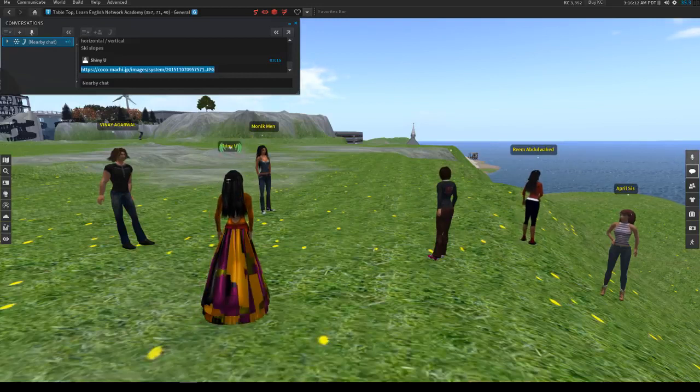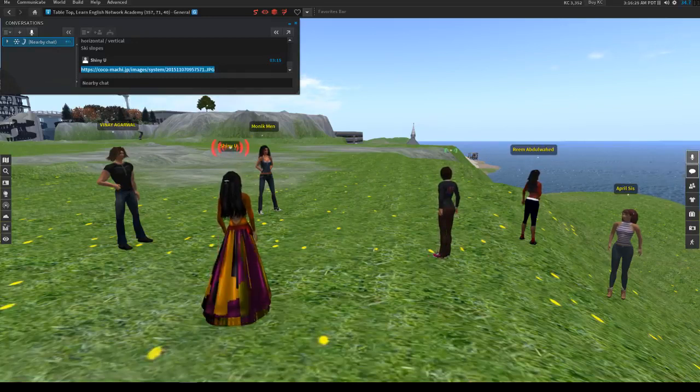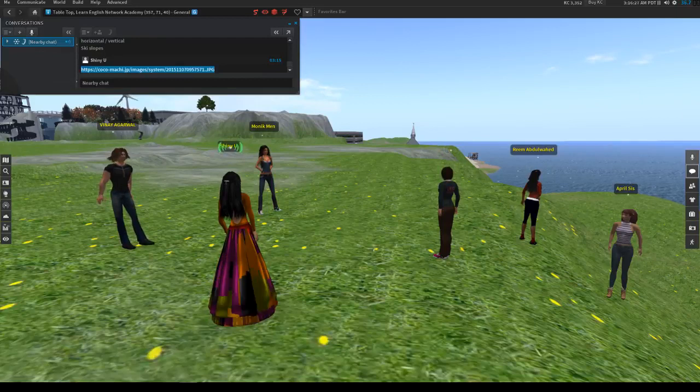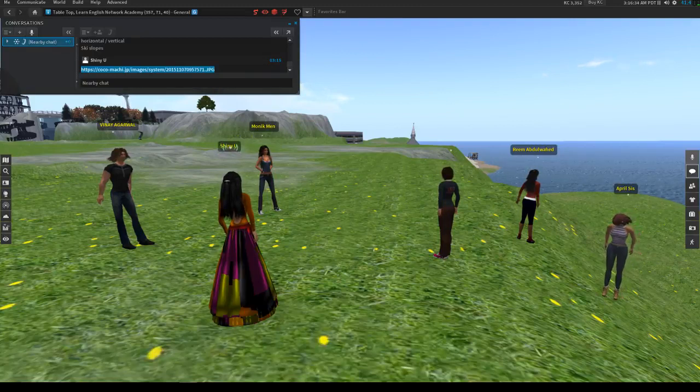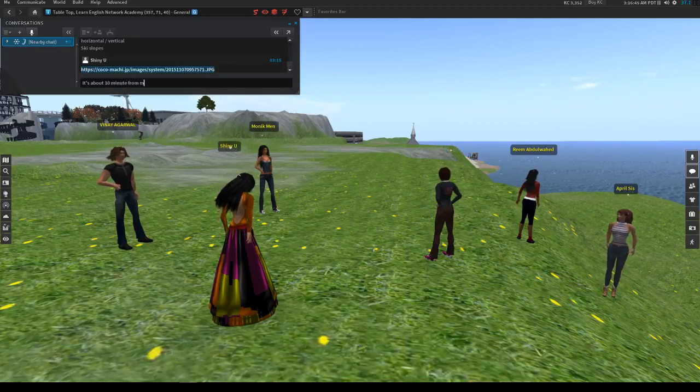So I said that there's no cliff near where I live. No, I was wrong because I just read the article. And it's about 10 minutes by walking from my house to that place. So it's about 10 minutes on foot. Yeah, it's about 10 minutes from me by foot. Yeah. Thank you.